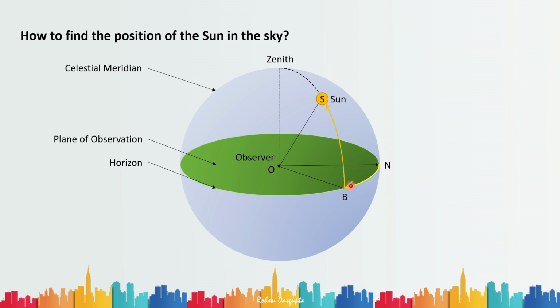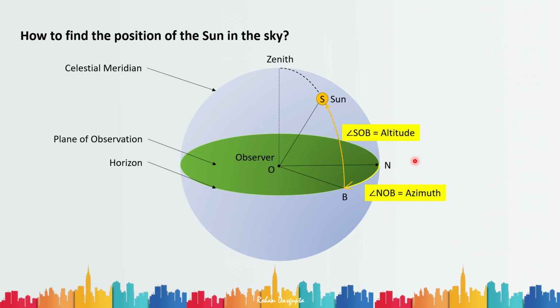One is the angle NOB, which is called the azimuth angle. It is measured in the clockwise direction. And we need another angle, angle SOB, which is measured upwards from B, and this is called the altitude angle.